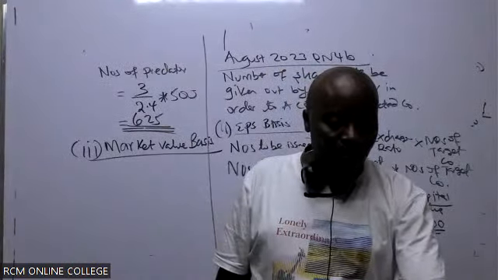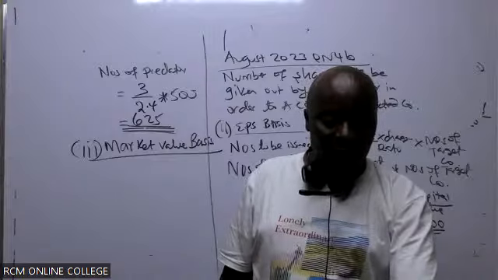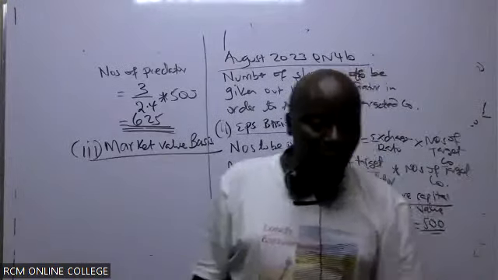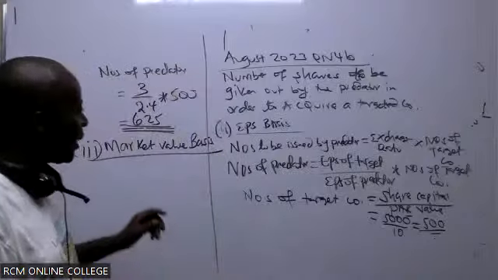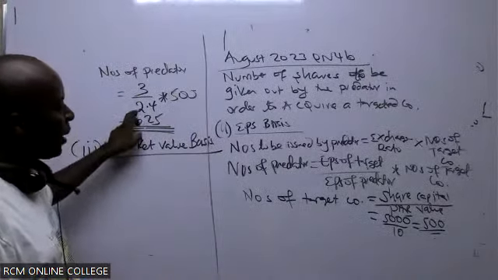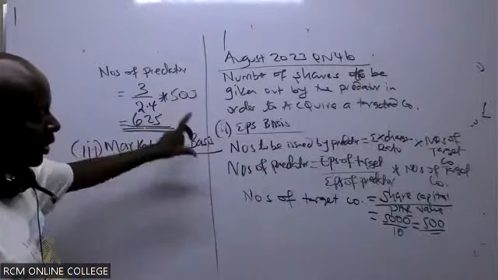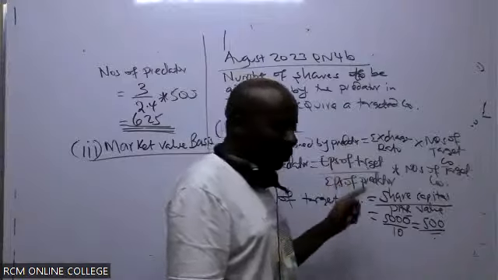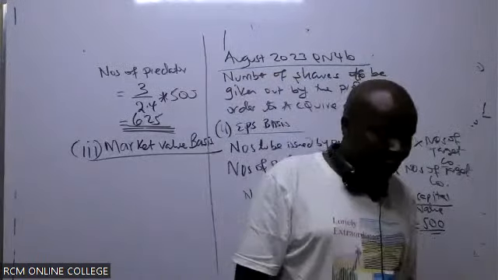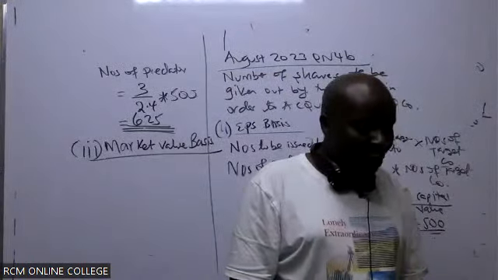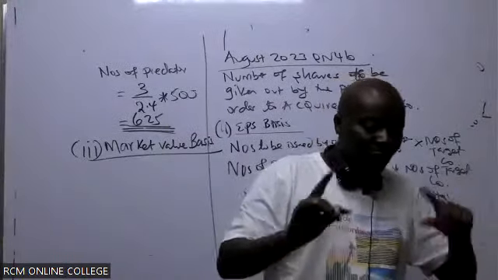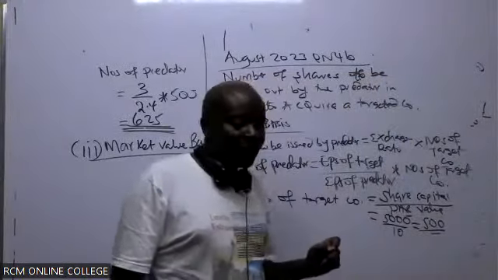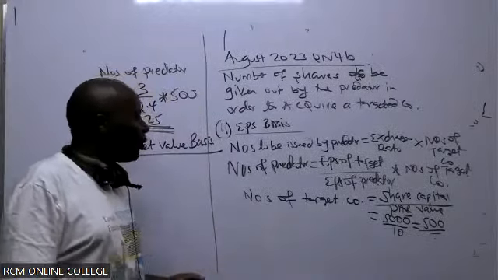You'll see the current earnings per share: Bero is 3, Akon is 2.4. That's how we got the exchange ratio, 3 and 2.4. And we obtained this 500 by taking the number of shares of the target company, from the share capital. In the balance sheet given, the ordinary share capital of Bero is 5,000. We divide by the par value, which is shillings 10. I hope that is helpful.